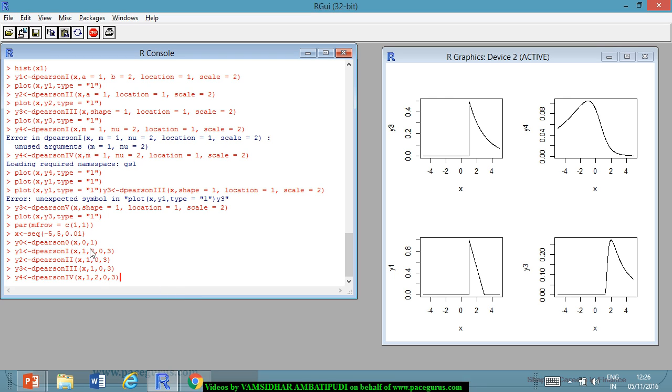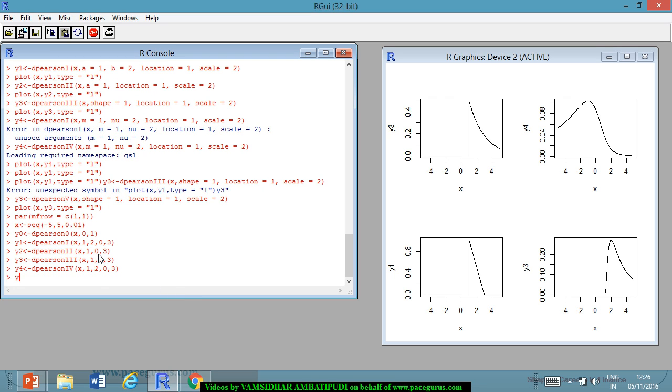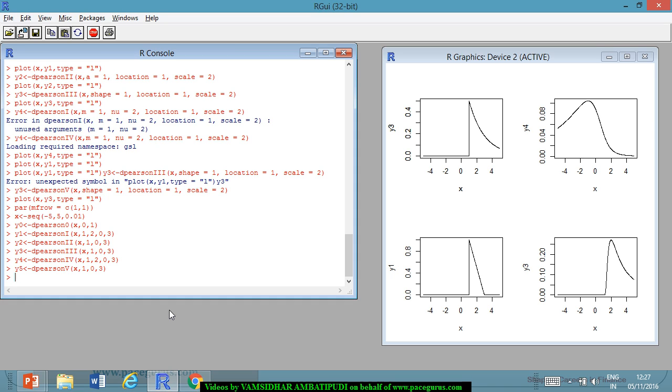Then y5 is your inverse gamma distribution. So I can give similar numbers as for the gamma. For dpearson5, I'll give the same inputs as dpearson3, because this is the inverse gamma distribution.